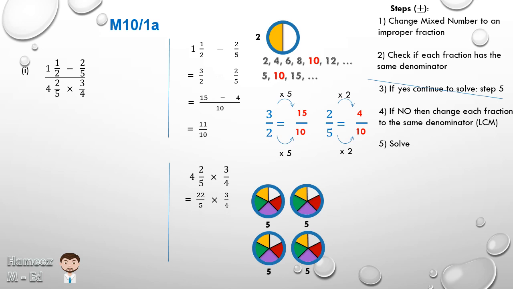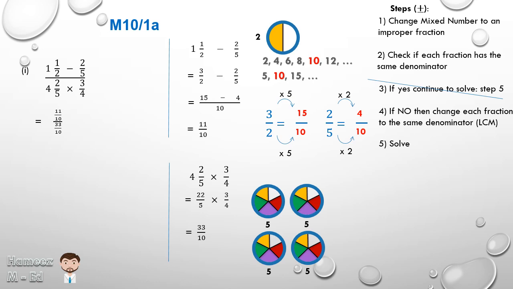And as it's already a multiplication, we can now multiply or reduce. So 2 into 4 is 2. 2 into 22 is 11. So the numerator is 11 times 3 is equal to 33. And the denominator 5 times 2 is equal to 10. So 33 over 10. As such, we can now substitute these two answers back into the original equation. So the expression is equal to 11 over 10 divided by 33 over 10.